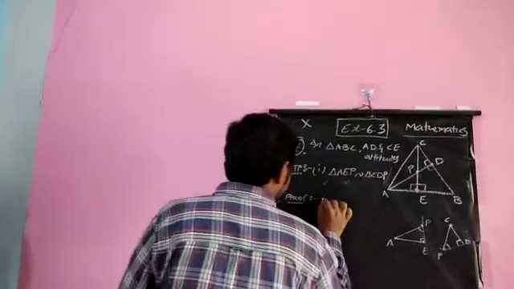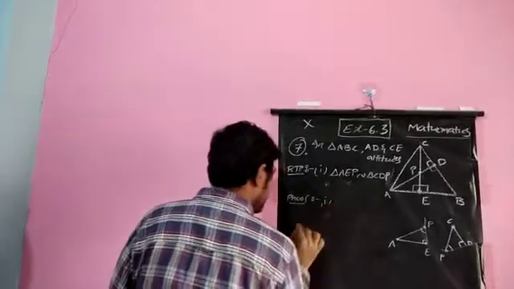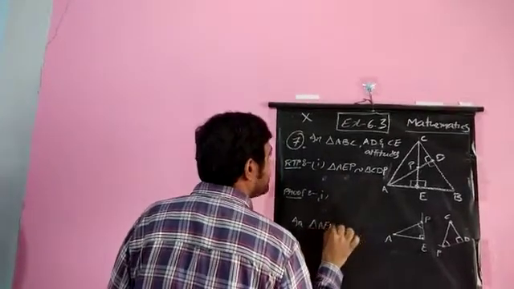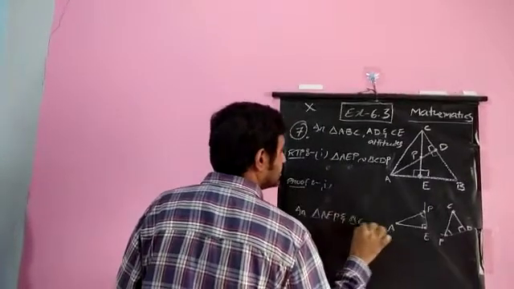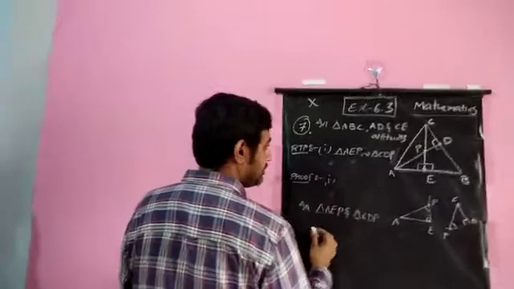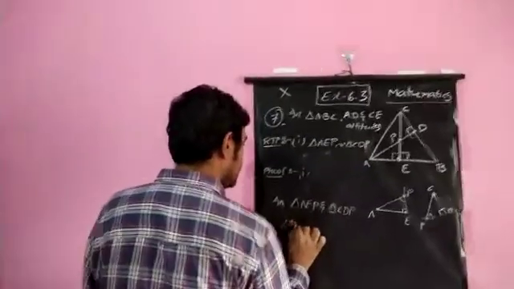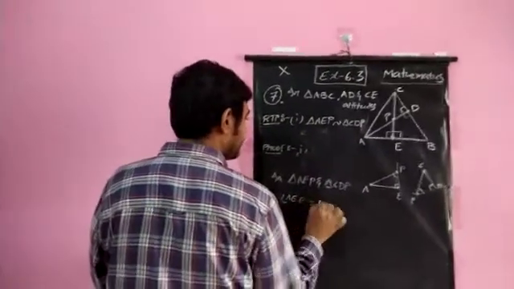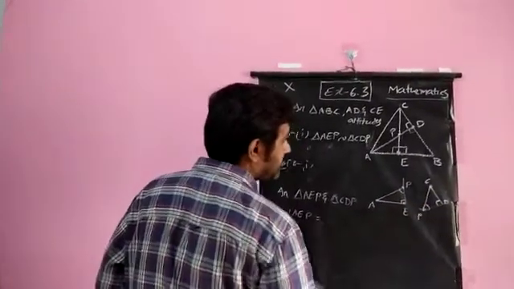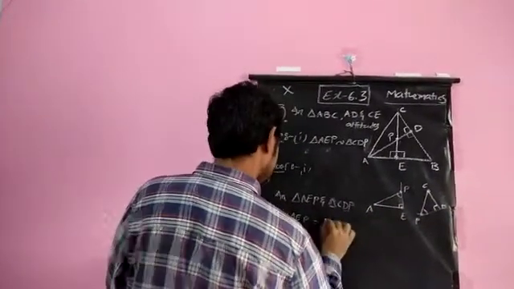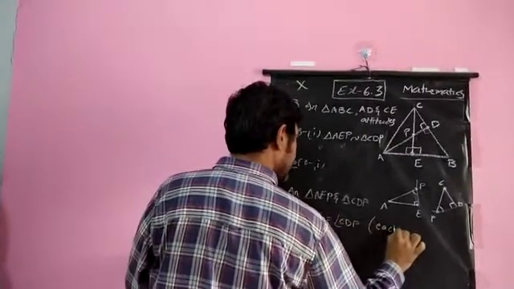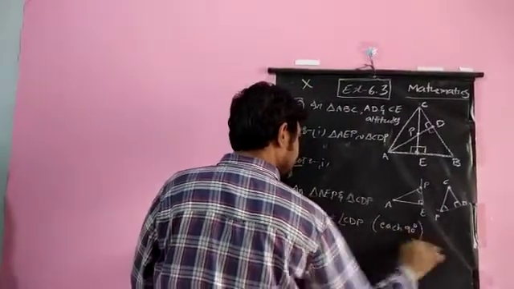To prove the first one, you start from these two triangles and mention it. Here in triangle AEP and triangle CDP, we write angle AEP, that is 90 degrees, and angle CDP. These two angles are equal, each 90 degrees.